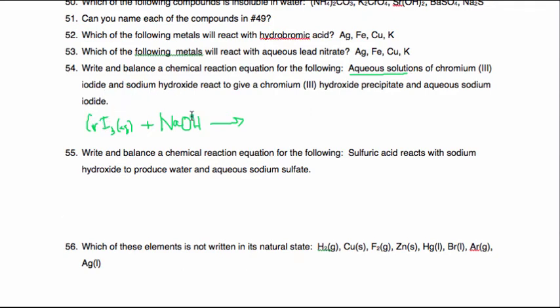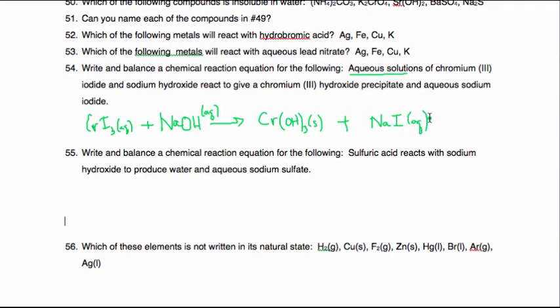The chromium gets the hydroxide and the sodium gets the iodide, and we produce chromium 3 hydroxide precipitate. So we could write that as a solid, and actually I should put this as aqueous because those ions, the free sodium and the free hydroxide, are floating around in the water. And sodium iodide is a +1 with a -1, 1-to-1 combination like that.